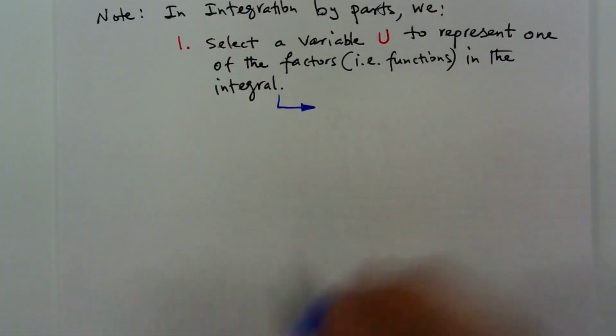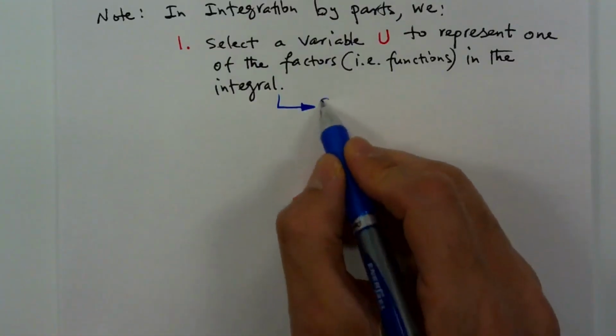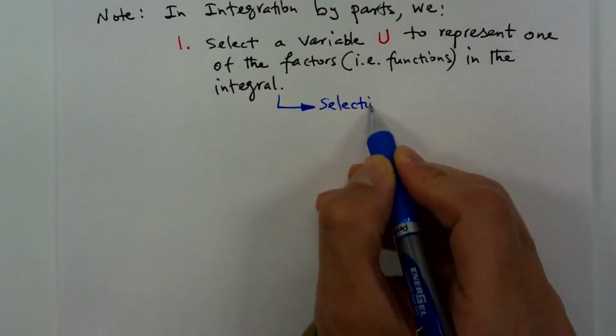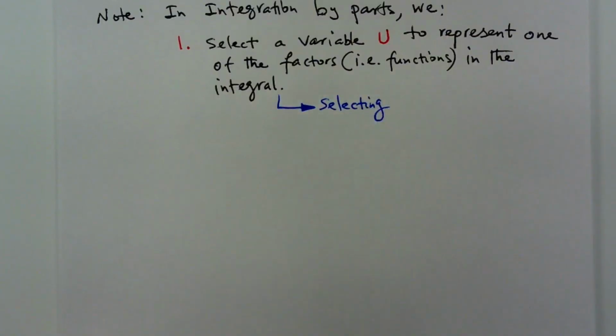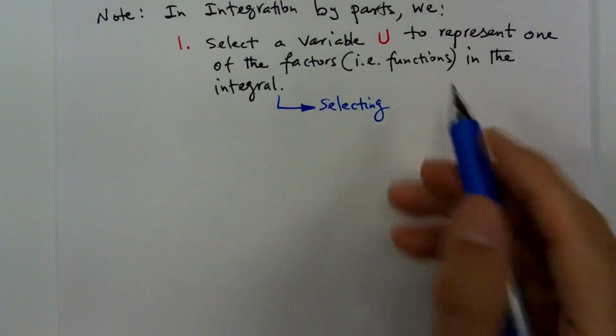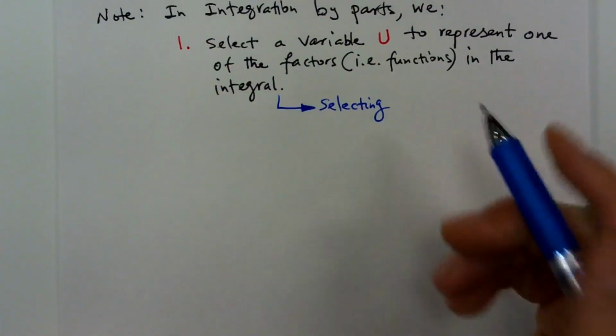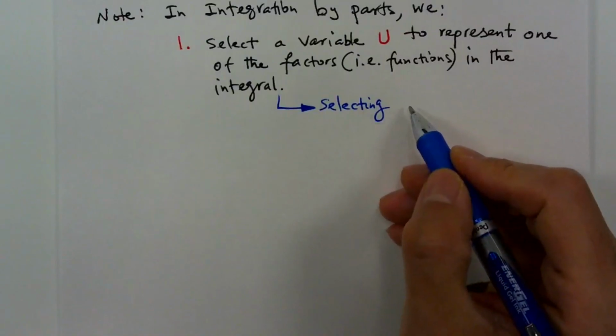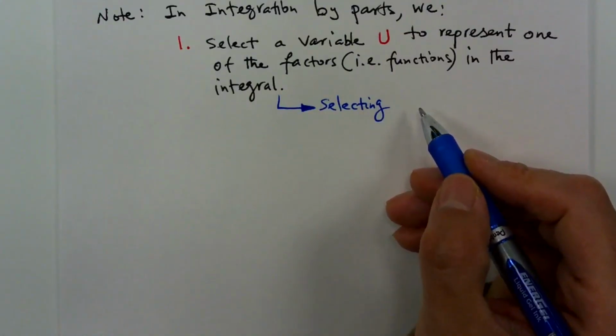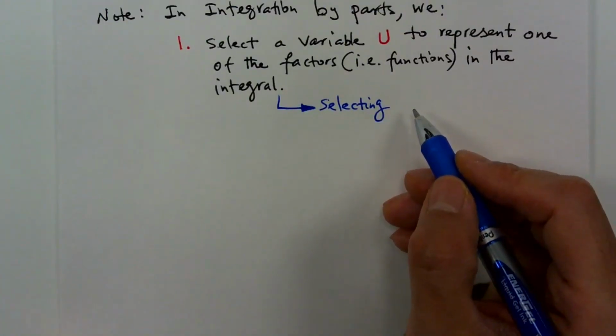Selecting which factor in the integrand will be u can follow a systematic pattern, pretty much like the order of operations we used in basic algebra.